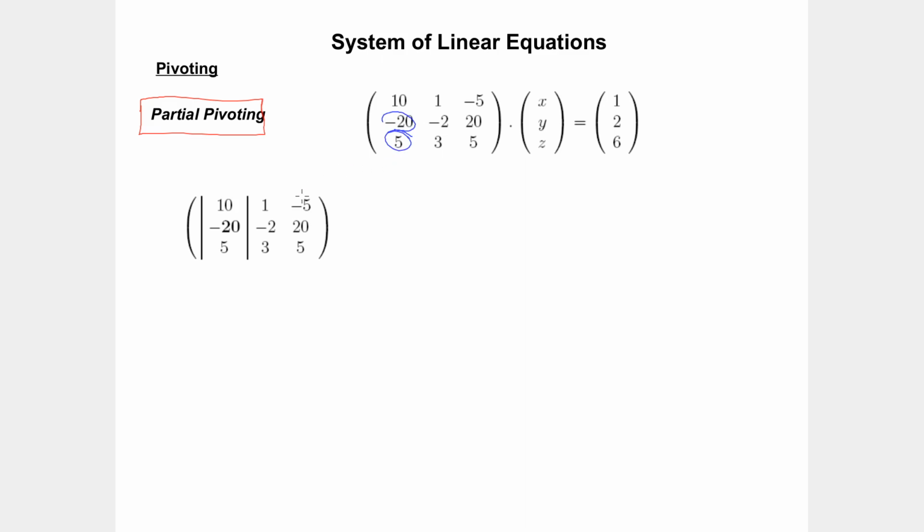So I will take the first column and see which is the maximum magnitude element in the column. Here, this 20 is the maximum magnitude element in the column. Then I am allowed to do these row operations. I will swap these rows.